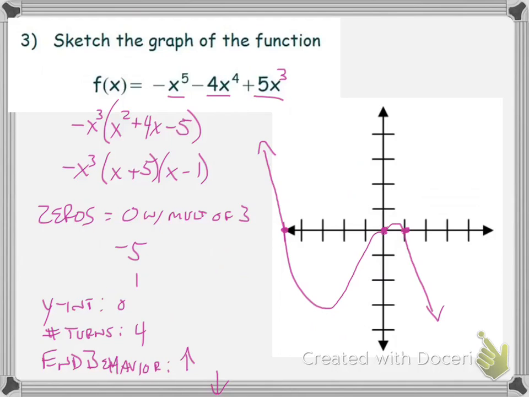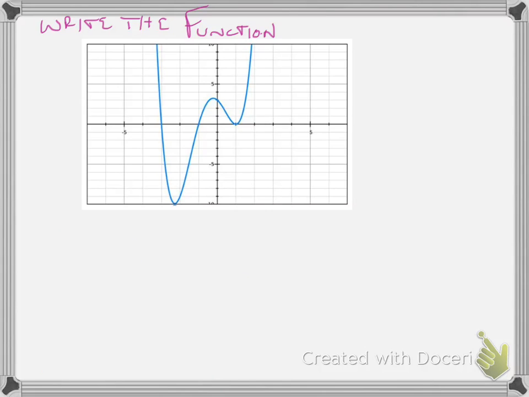Just know that this cubic turn right here is actually 2 turns. So there's 1 here, 2 here, so that's 3, and then another one there to go back down. So in order to write the functions, I'm going to need to look at this graph and tell the zeros.